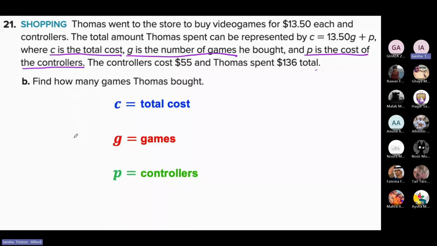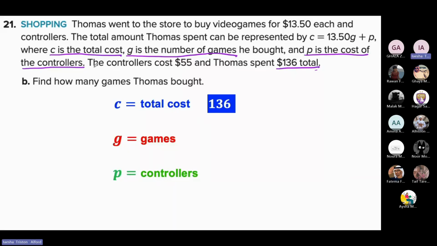Is about the controllers. So what is the total cost? The total is 136. Okay, so 136 is the total. So you put that for C.